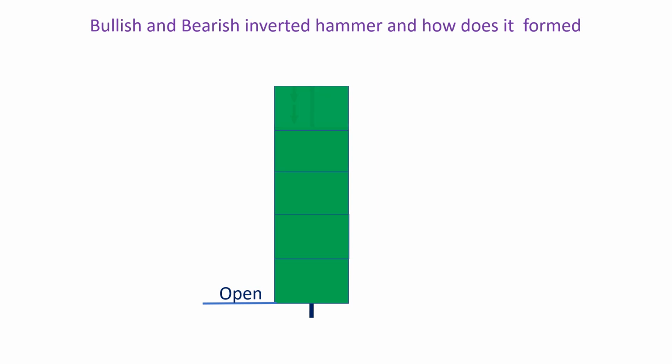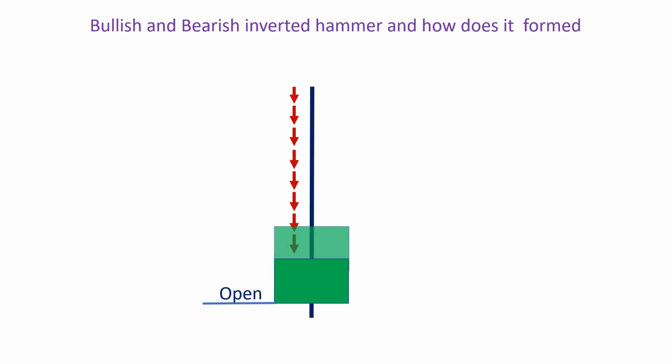And then here it got rejected by the sellers. So sellers are strong in the market, that they reject the price all the way down. And finally the market closed here. So it shows that the sellers are very strong in this candle, in this inverted hammer, although the color is green, the color is bullish.